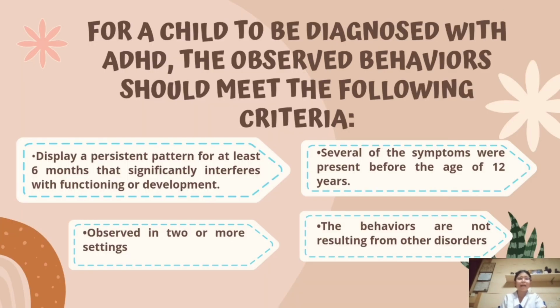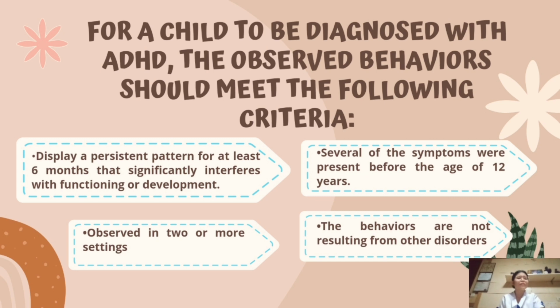So for a child to be diagnosed with ADHD, the observed behaviors should meet the following criteria. First off, display a persistent pattern for at least 6 months that significantly interferes with functioning or development. Second, observed in 2 or more settings. It can be home as a setting, or it can be school.